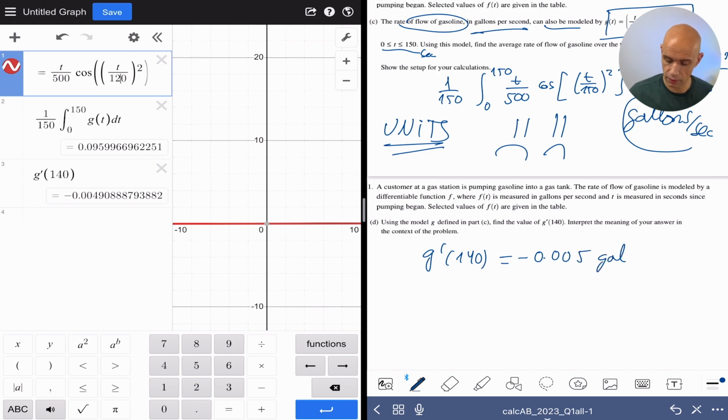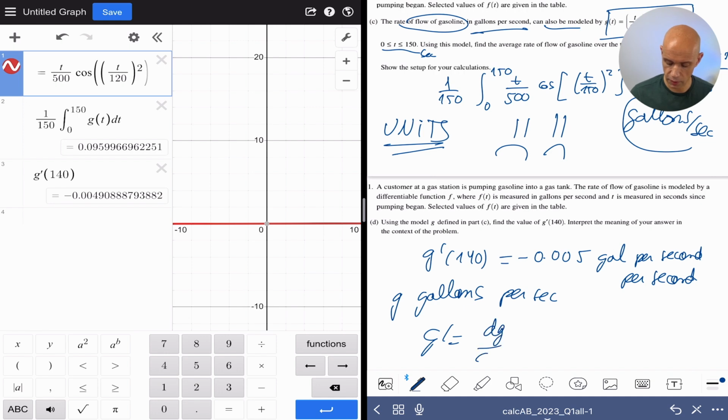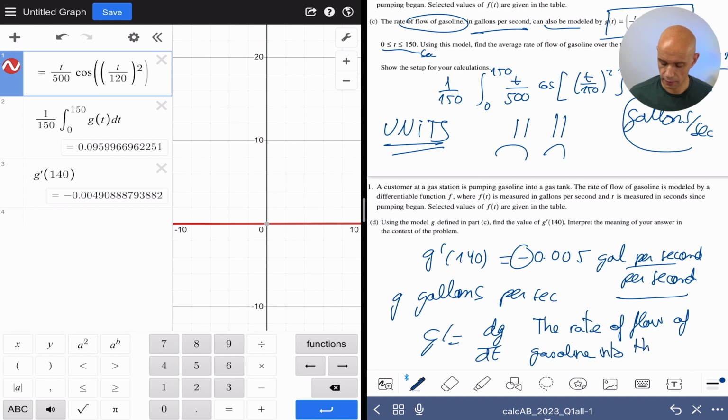Then the units of this is gallon per second, but again per second, because why is that? Because you have that G was gallons per second, but G prime is the derivative of G with respect to time, so you have another time. Okay, that's why it's per second, and it's negative. So using interpret, basically what this means is that the rate of flow of gasoline, of gas, into the tank is, and here comes the keyword, right?